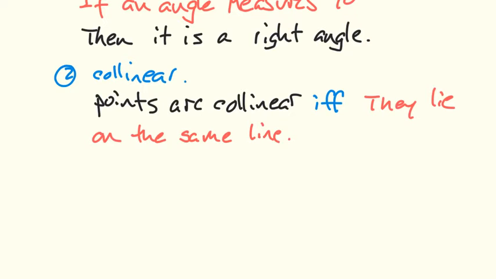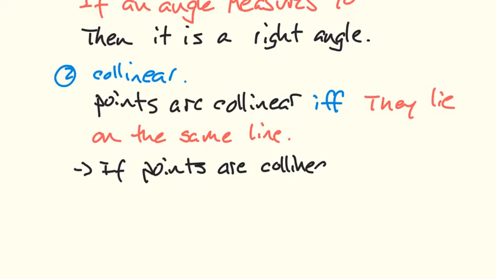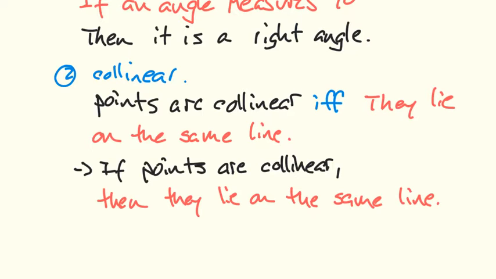So on the one hand, we could say if points are collinear, then they lie on the same line.